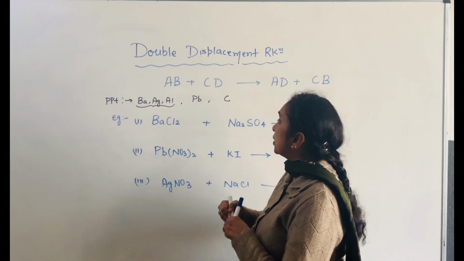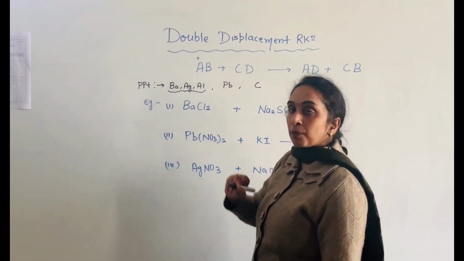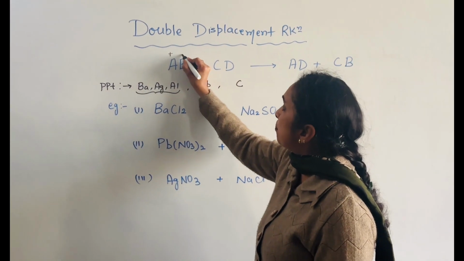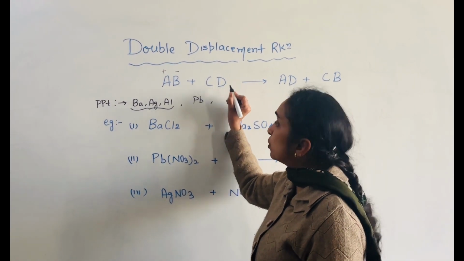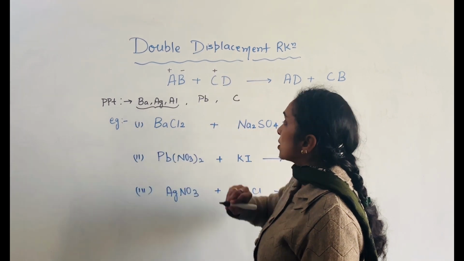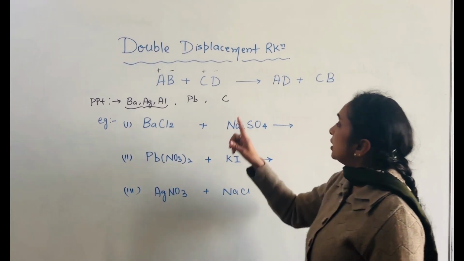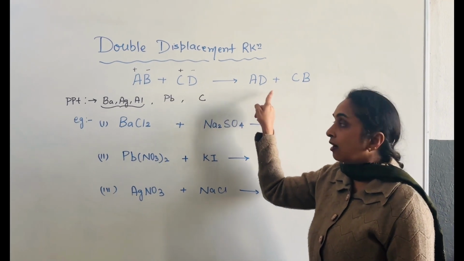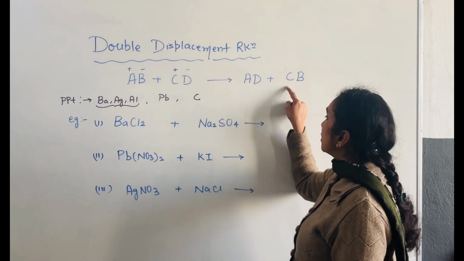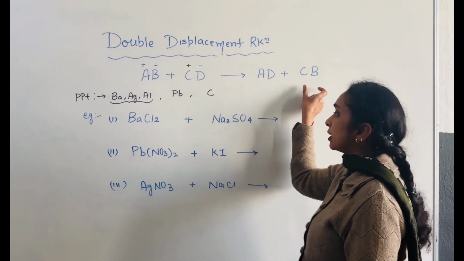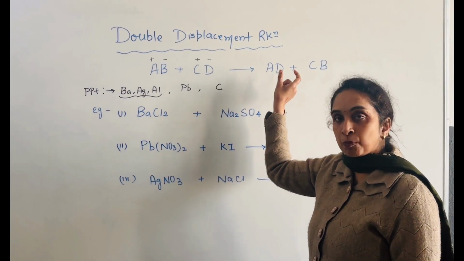For example, AB is a compound, so the A part is the positive ion and the B part is the negative ion. CD is another compound, where C is the positive ion and D is the negative ion. In this case, AB and CD exchange their ions and form other compounds. This type of reaction is known as double displacement reaction.